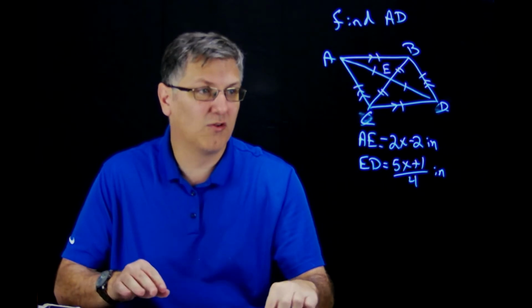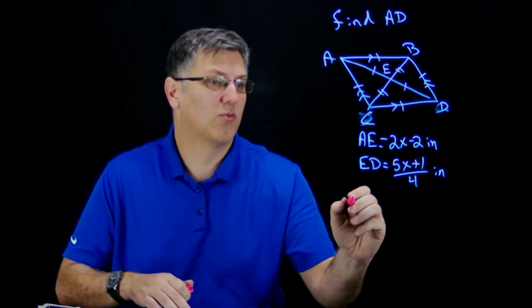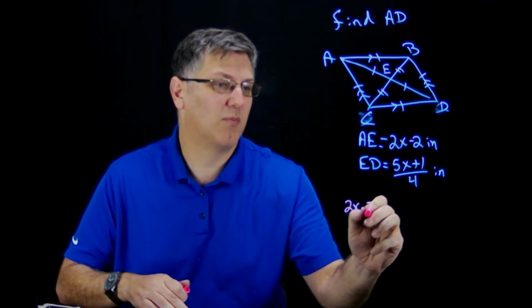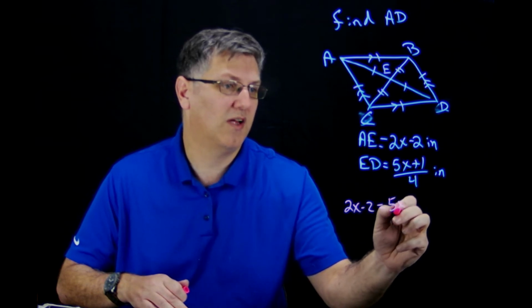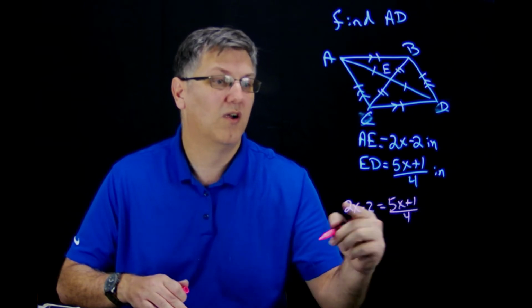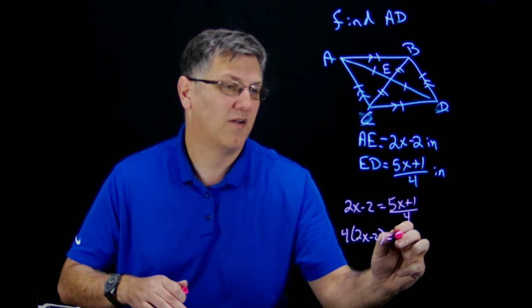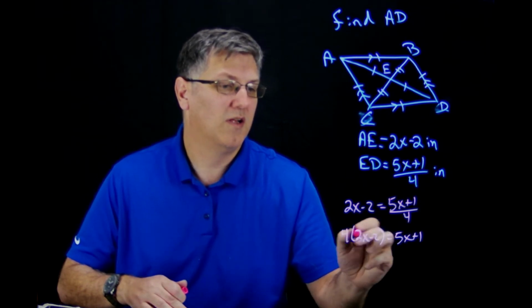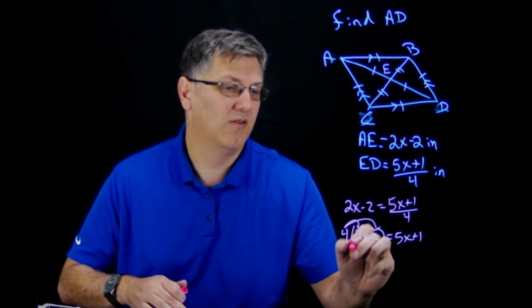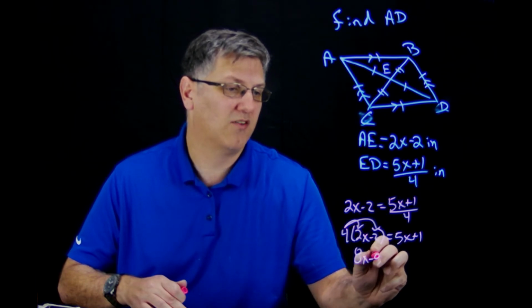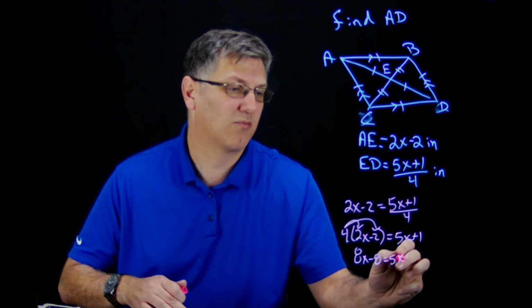So we're going to set these equal to each other and solve. So we're going to have 2x minus 2 equals (5x plus 1) over 4. Multiply both sides by 4. Distributive property. We're going to get 8x minus 8 equals 5x plus 1.